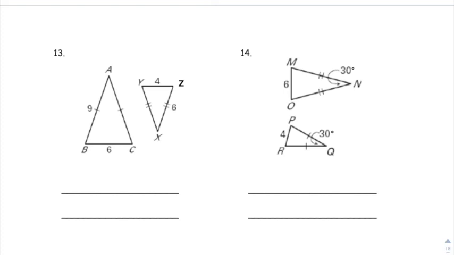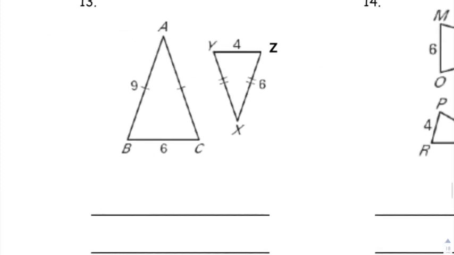Now we got a few more here. Number 13. Let's see here. Notice with this one we have two sides marked congruent, so therefore these angles have to be congruent right here. This is an isosceles triangle.